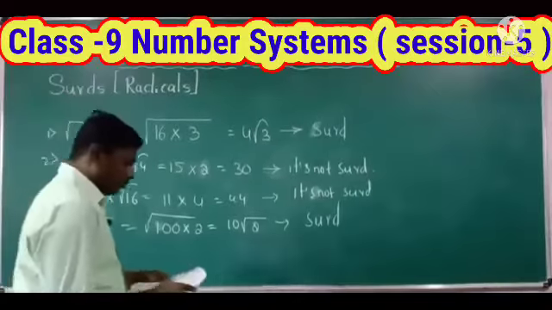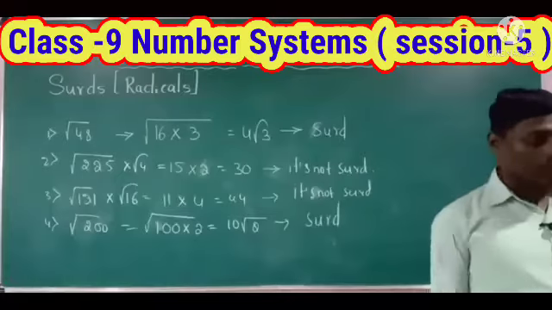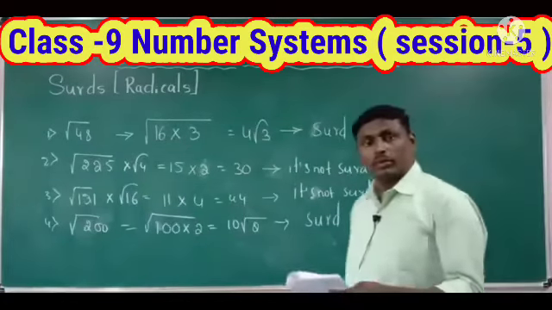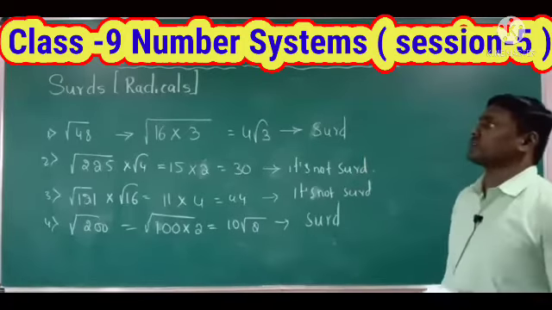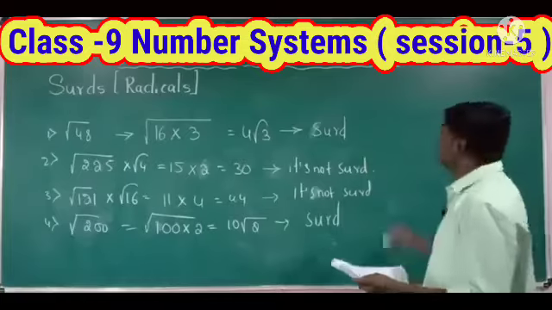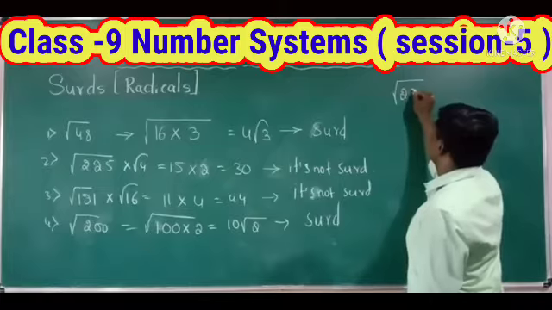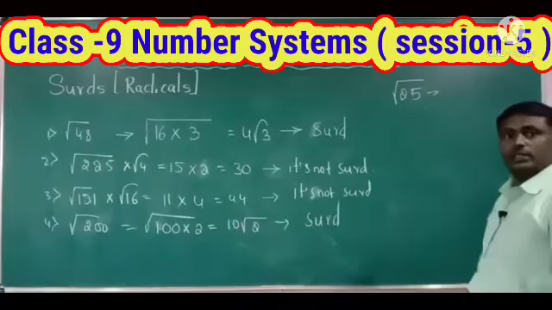Okay. Next one. See here, one more question is there. Just check whether it is a rational number or irrational number, and also find whether the given number forms a surd or not. The given number is root 25. So root 25, does it form a surd or not?